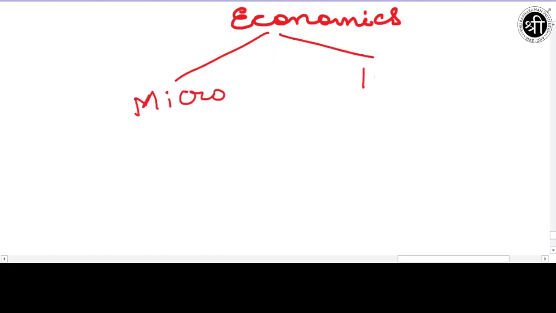So this is what we know of economics. But if we talk about the scale of economics, or on what scale economics is studied, we come to two things. The first one is what we call microeconomics, and the second one is what we call macroeconomics. We have two types of economics which we can say: one is microeconomics and one is macroeconomics.